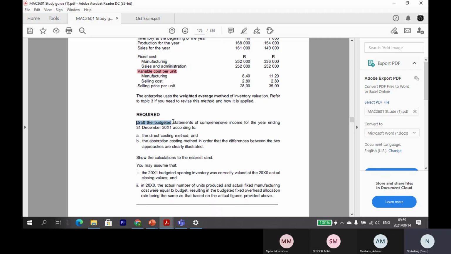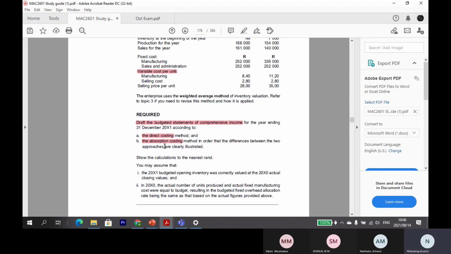So what is required? They say that you must draft a budgeted statement of comprehensive income for the year ending 31 December 2021, according to the direct costing method and the absorption costing method, in order that the differences between the two approaches are clearly illustrated.